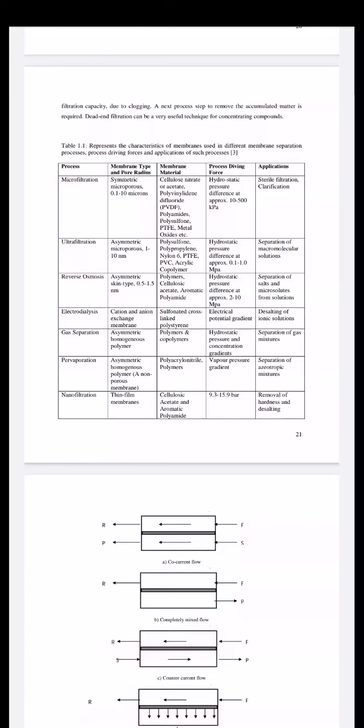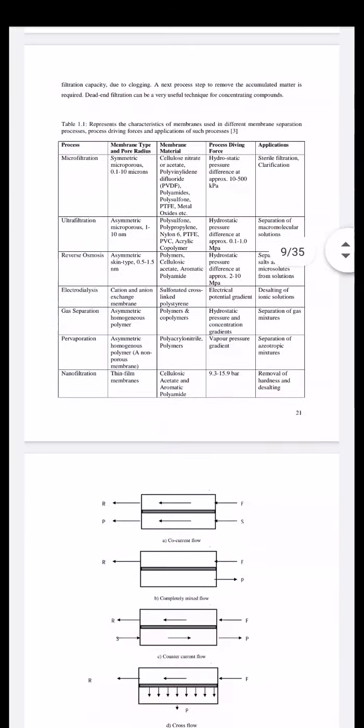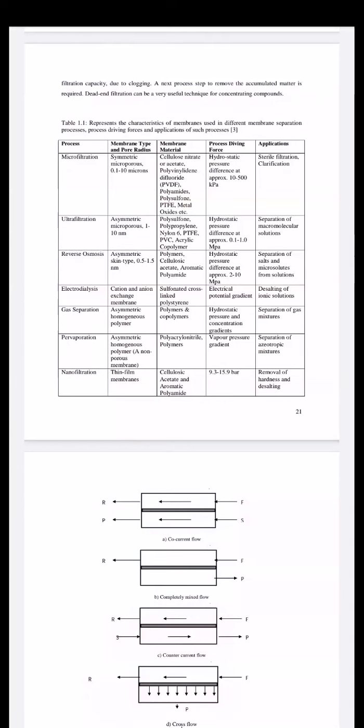So let me take you towards the comparative study for all the membrane separation process techniques with respect to membrane type, their pore radius, the material of construction used for the membrane, process driving force, and at last the application.